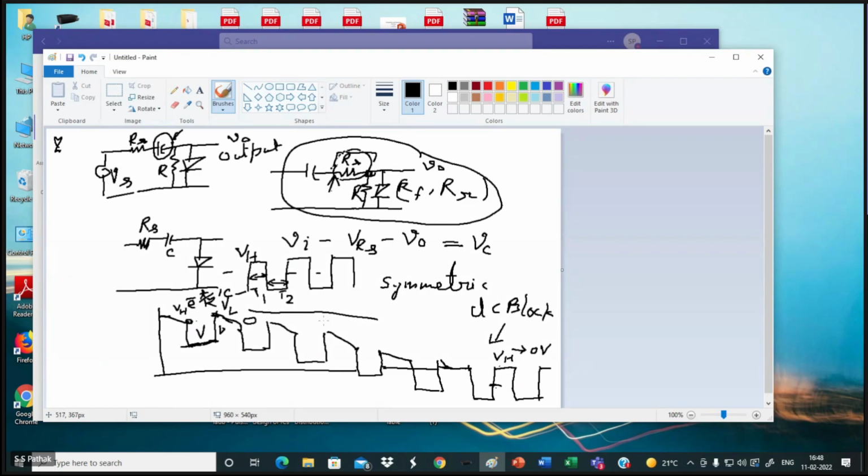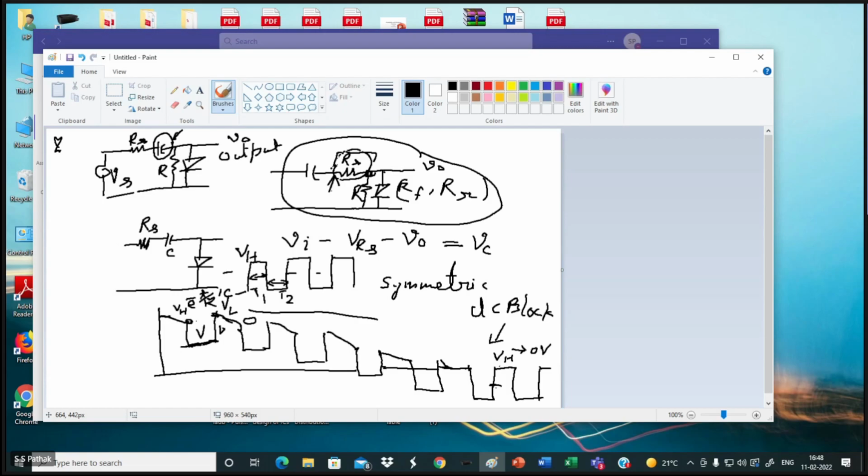It will be 0, so here discharge will not take place. So it will be 0, then jump here, then it remains at 0 voltage only. Is it okay? Understood it? So when it becomes 0, that you have to calculate. Only then you can say it is clamped to this voltage.